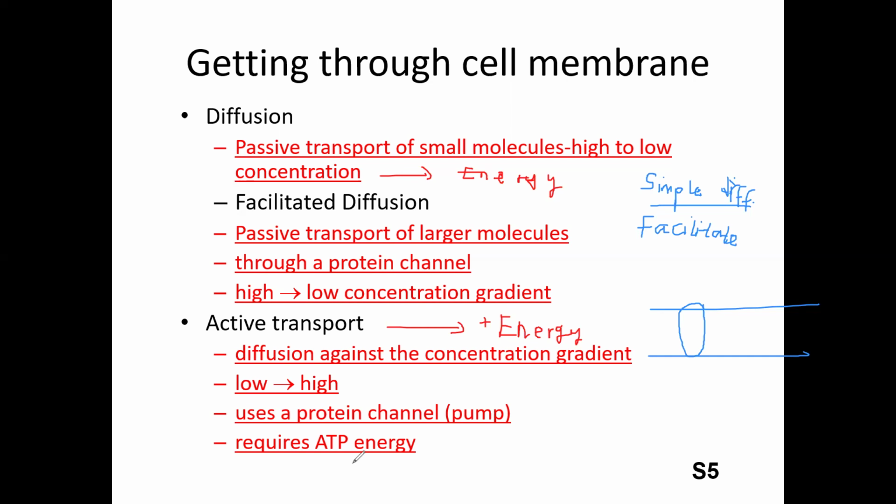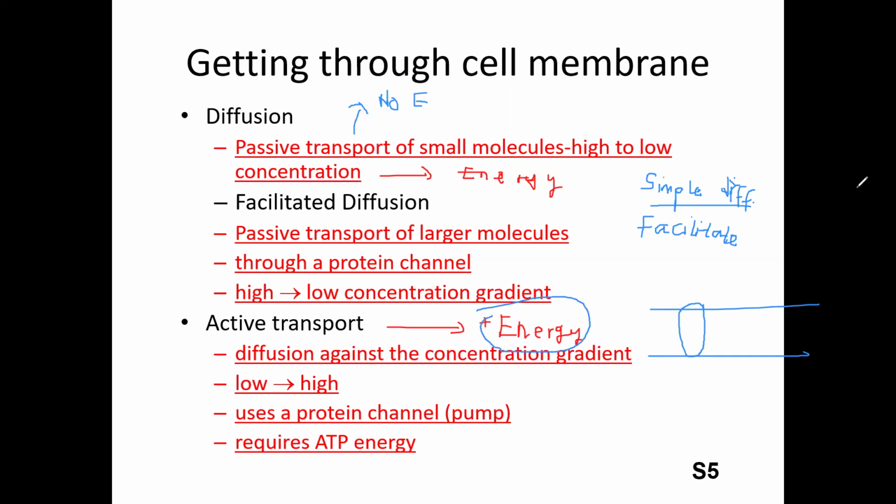So in summary, we have two types of transportation of substances based on energy requirement. We have passive transport, in which no energy is required, and active transport, in which energy is required.